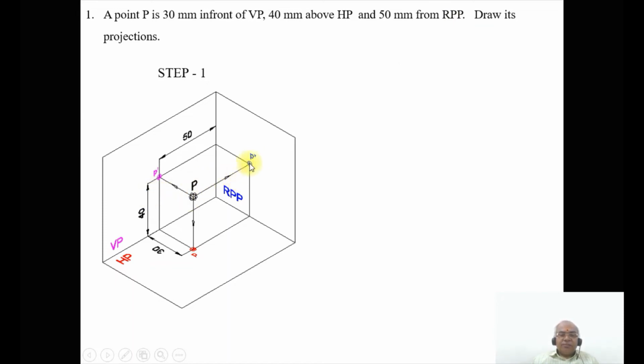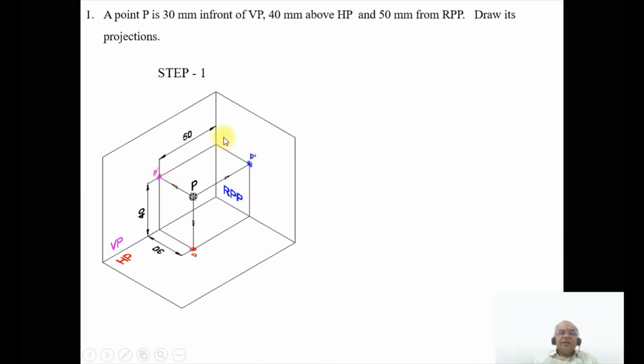When you look from the top view, since the top view is perpendicular to the in front of RPP, naturally that distance of 50 mm is seen in the top view, in the horizontal plane. Similarly, when you look from the front view, the distance in front of RPP is seen in the vertical plane.